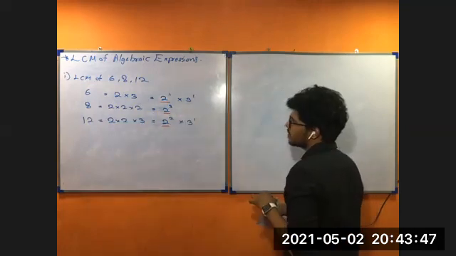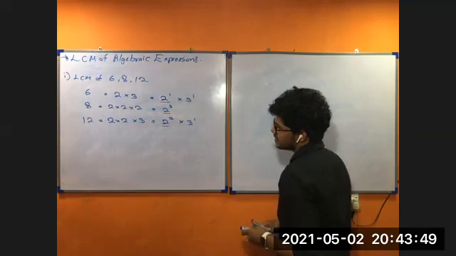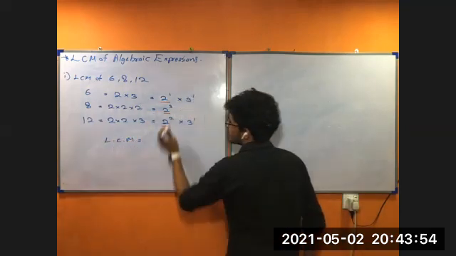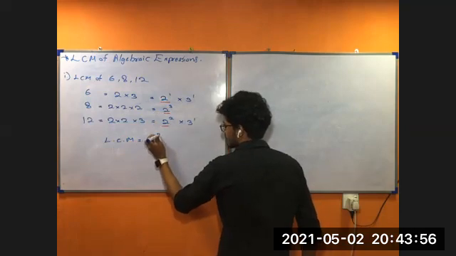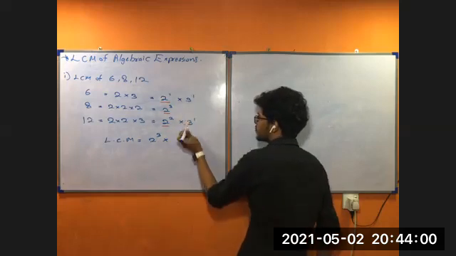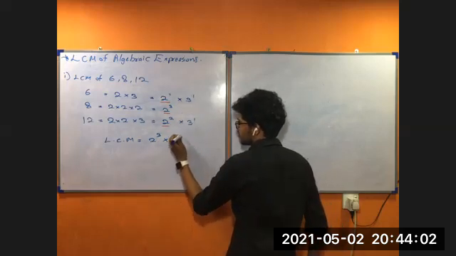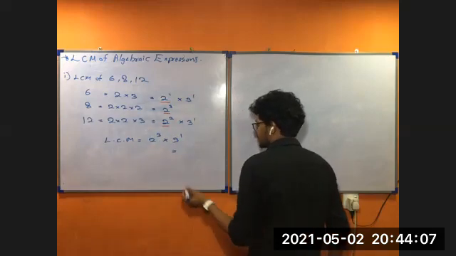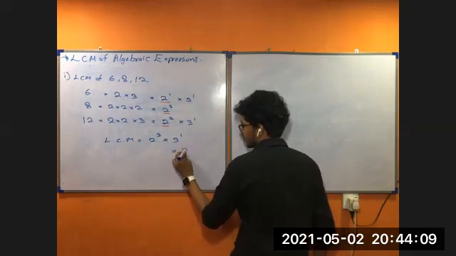So in that case, we will use power 3, right? So LCM is going to be what? 2 to the power 3 multiplied by 3 to the power 1, the highest power of 3. So it is going to be 2 times 2, 4 times 2, 8. 8 times 3 is going to give me 24.